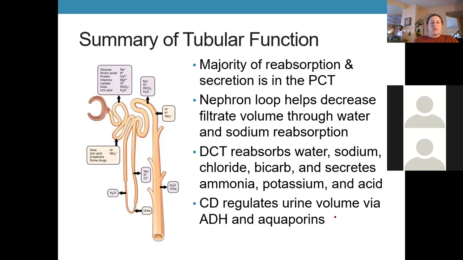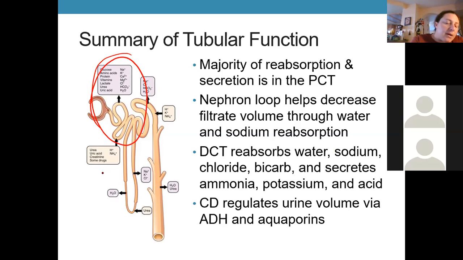Okay, so this is just kind of summarizing everything we just talked about and what happens at different locations. Again, the take home here is that most stuff gets reabsorbed and secreted, for that matter, in the proximal convoluted tubule. The nephron loop is also doing some reabsorbing, and it's mostly water and sodium, although of course potassium and chloride go along too.